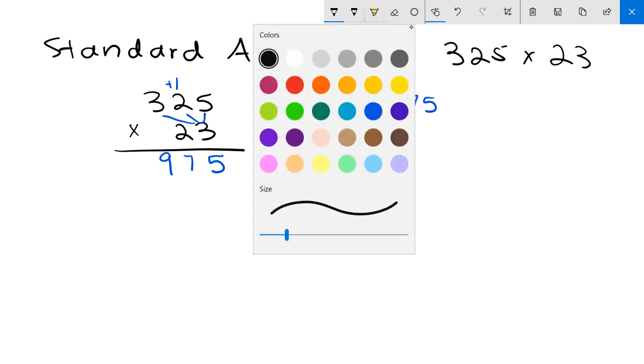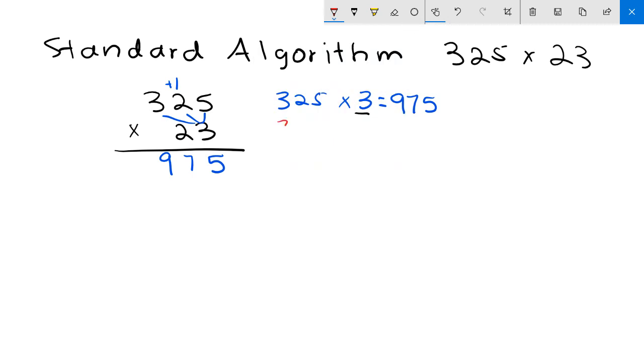So now I'm going to be doing 325 times 20. Okay. Now, because there's a 0 right there, well, we all know when we multiply by tens, we have to add a 0. Or what I like to call, this is my placeholder.